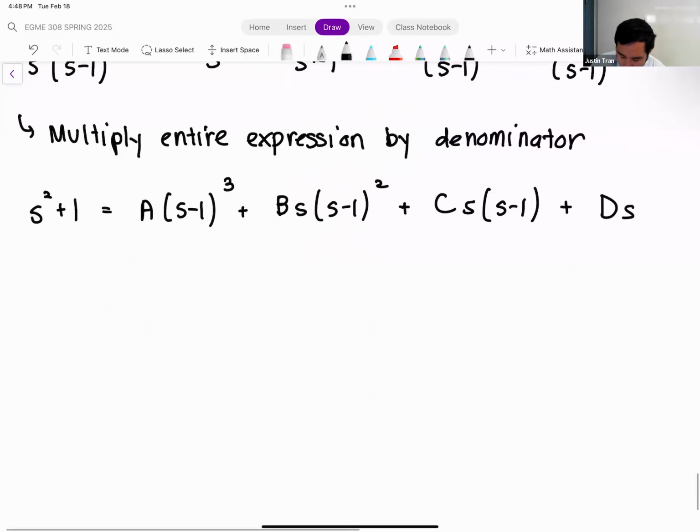All right, so to complete this kind of problem, we're going to have to expand out the terms on the right before we can group like terms.